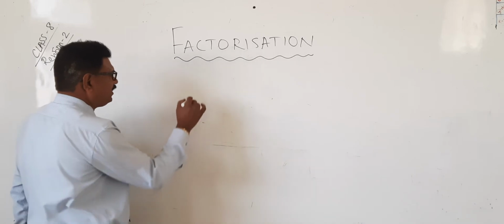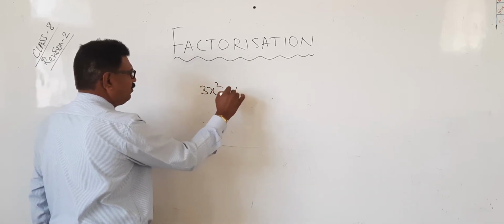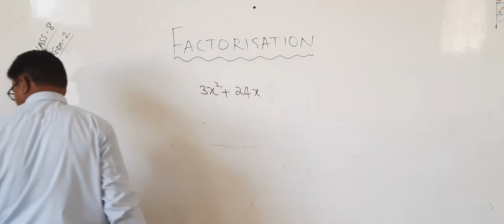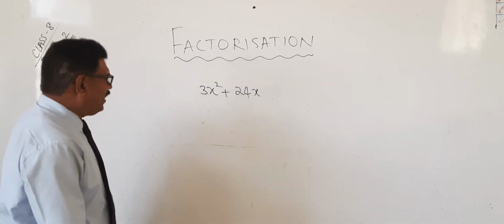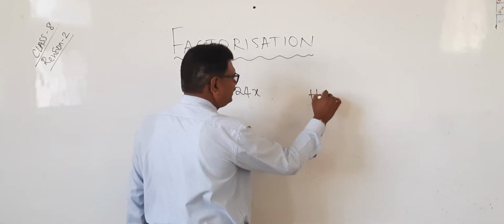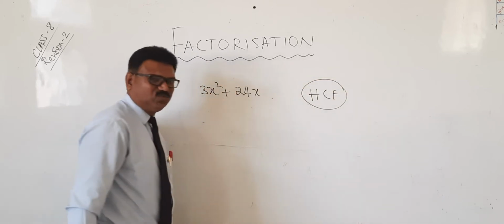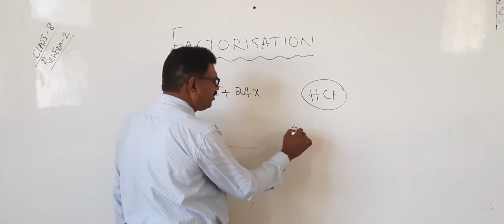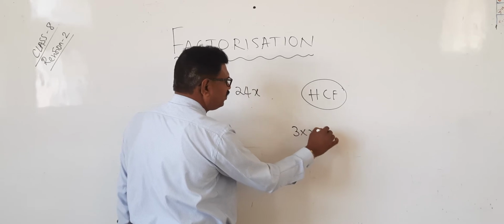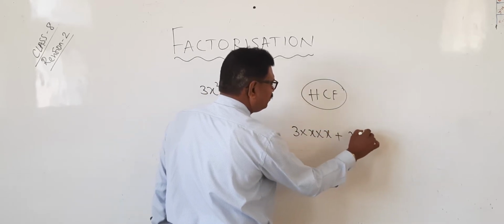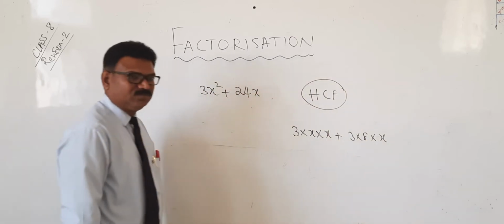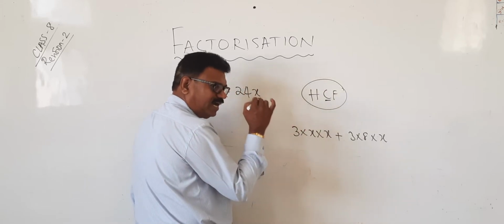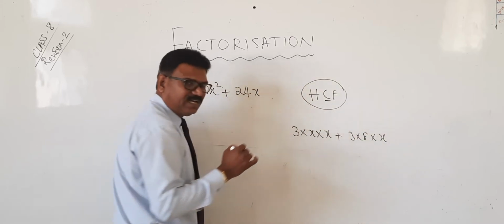Okay? Small example. You see now, 3x square plus 24x. Factor means it is nothing but HCF. HCF means what? Highest common factor. So 3x square, we have to find out like this: 3 into x into x plus 3 into 8 into x. Now, common means the number or the alphabet should be present here also, here also.